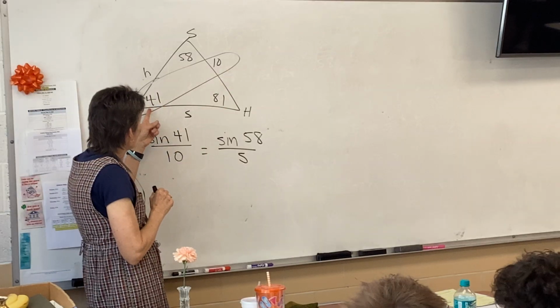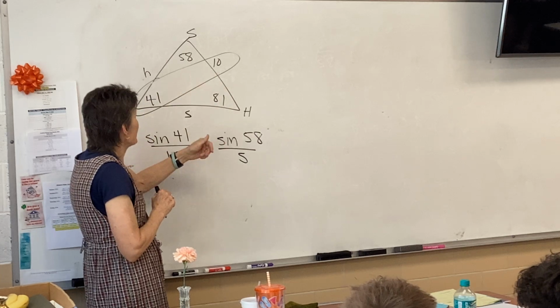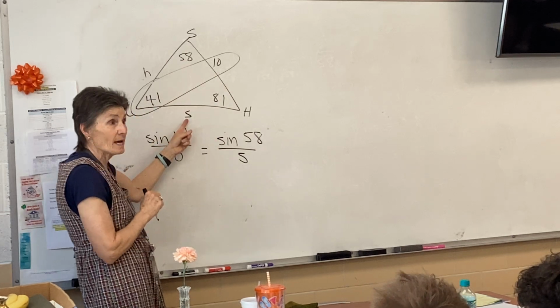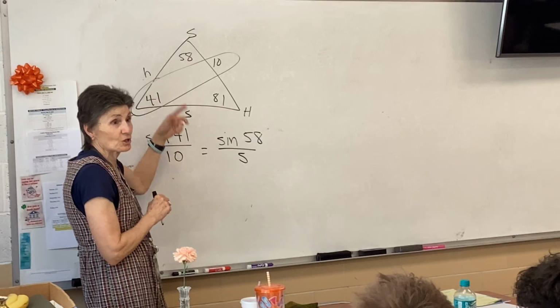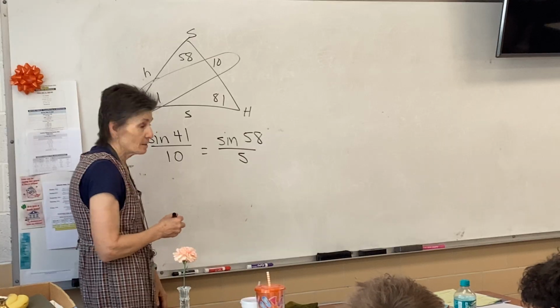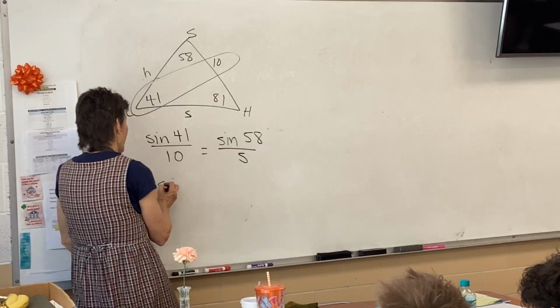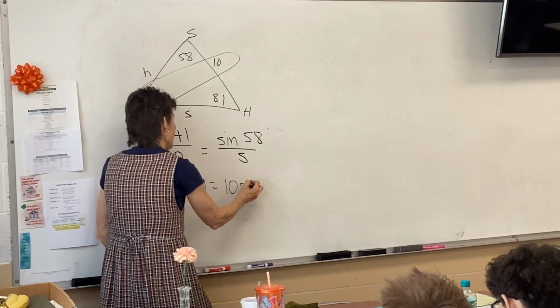So we do sine 41 over 10, and then I just randomly said sine 58 over S. Could I have done sine 81 over H? Yes, and I will in a minute. I have to do them both. Okay? So here we go. I'm going to cross multiply and divide.